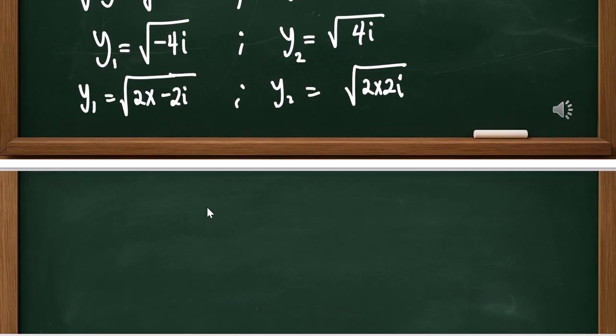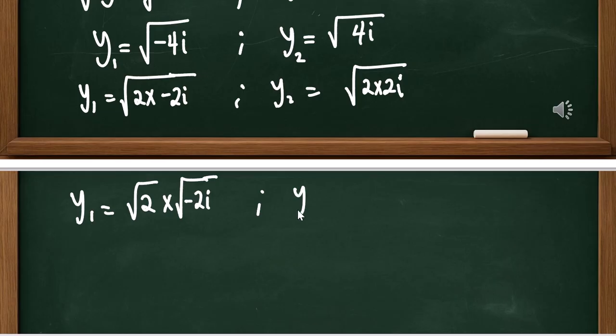Now, I can have my y1 as the square root of 2 times the square root of negative 2i. This is the rule of surds. And for the second one, breaking down this square root, we have the square root of 2 times the square root of 2i, which makes more sense.